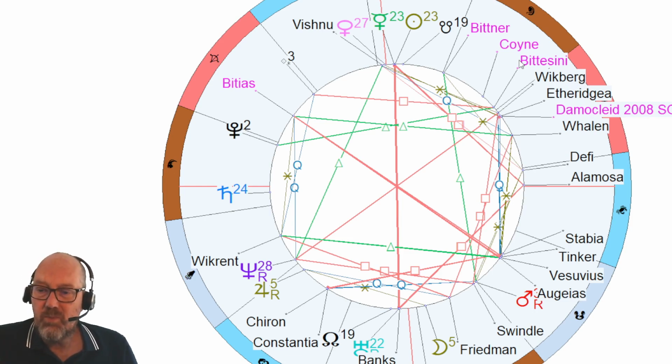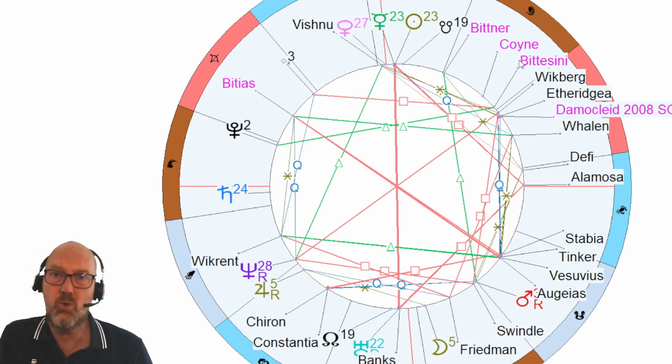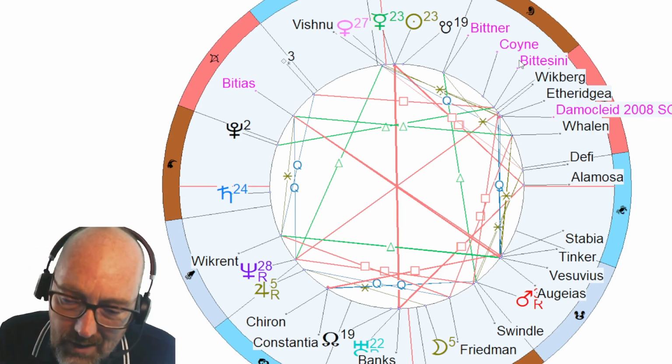So my idea for this chart is to look at the position of Bitias and to see if we can find again that theme of frustration and painful struggle, or more generally if Bitias would be the most strongly aspected Bitcoin asteroid on this date.